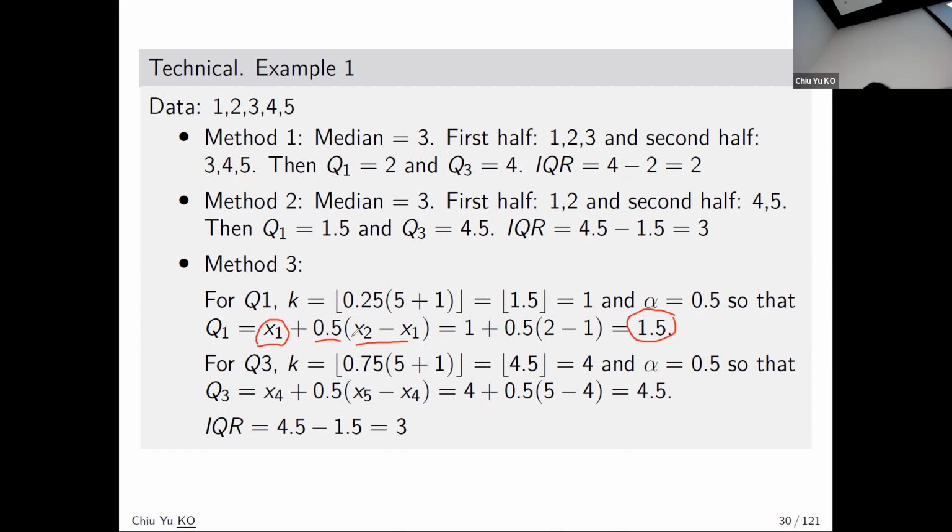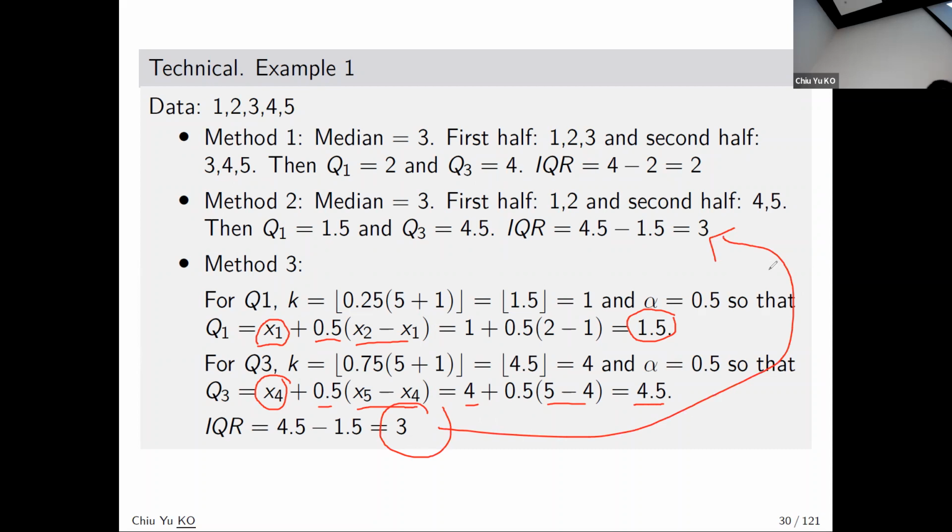And same here, because this 4.5 will be number 4 here plus halfway of 4 and 5. That gives you 4, and halfway of 4 and 5 gives you 4.5. The difference is 3. And in this case, it coincides with method 2.